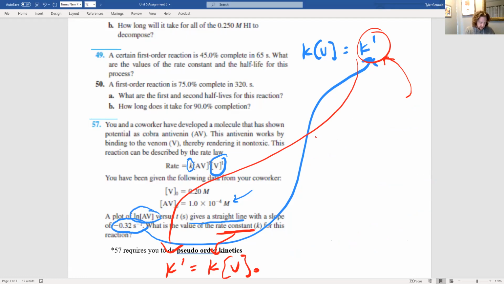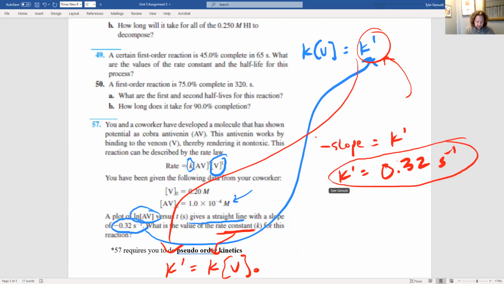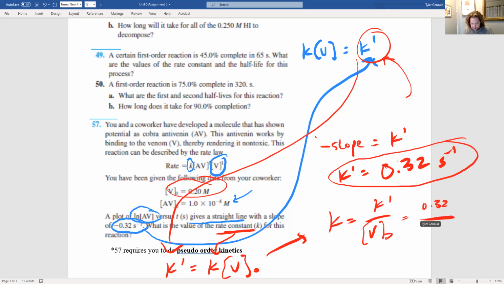So the negative of the slope is going to be our adjusted rate constant, which in this case is negative. I'm just going to make that positive 0.32 per second. And then we need to account for the fact that the initial concentration of V is so large. So the actual K, to rearrange this equation, is K prime over the initial concentration of V, which is 0.32 over the initial concentration, which is 0.2.